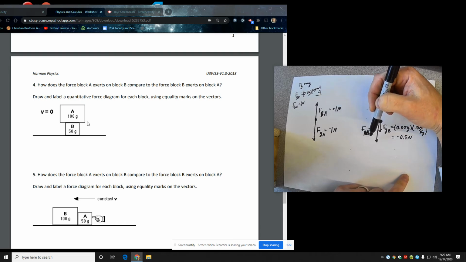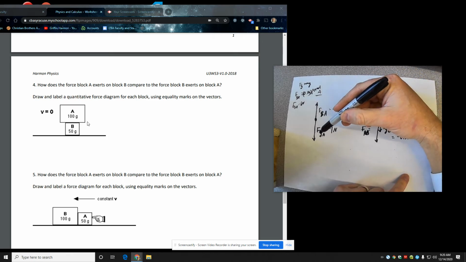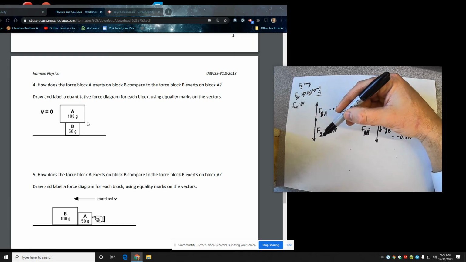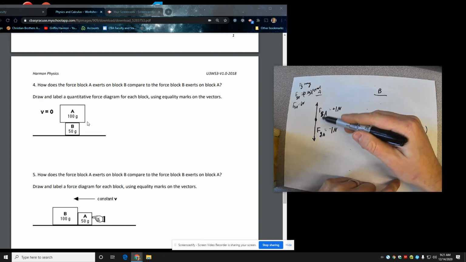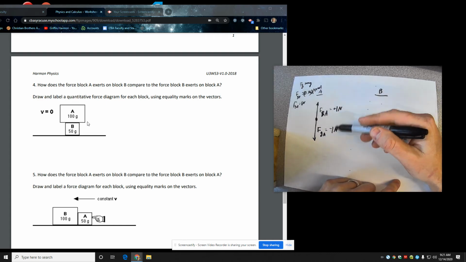For every force acting on an object, there's a force acting on another object. So even this force, FGA, well, that's the force of Earth on A. The action-reaction partner to that would be force of A on Earth, which does also exist. This is not an action-reaction pair. These two forces do not need to be equal to each other.